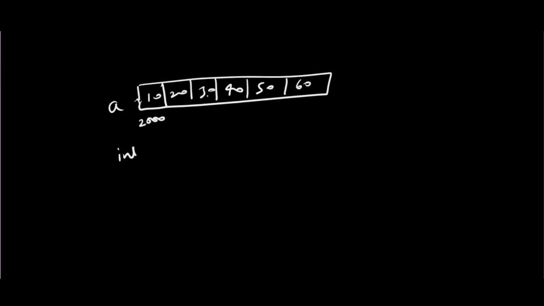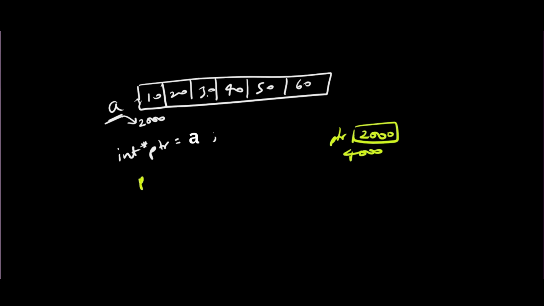We declare a pointer int ptr to store the address of A. So what will happen in this case? Normally if you are declaring an array A, A is nothing but the base address of this array. Okay, so in the ptr we will have base address only, 2000.